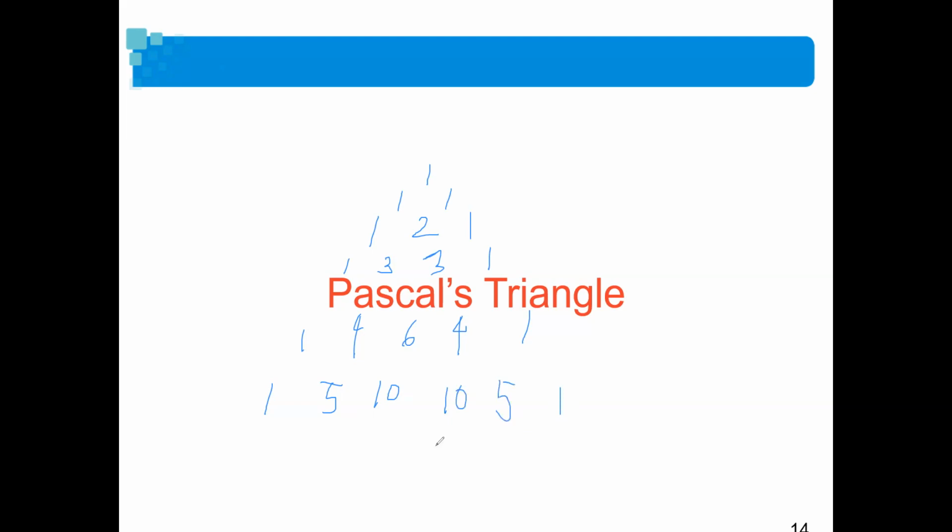Do you know how I did this? What I did is I added the subsequent numbers above. So 1 plus 1 is 2, so that's why there's a 2 there. 1 plus 2 is 3, and 2 plus 1 is 3. 1 plus 3 is 4, 3 plus 3 is 6, 3 plus 1 is 4. You see the pattern? 4 plus 6 is 10.